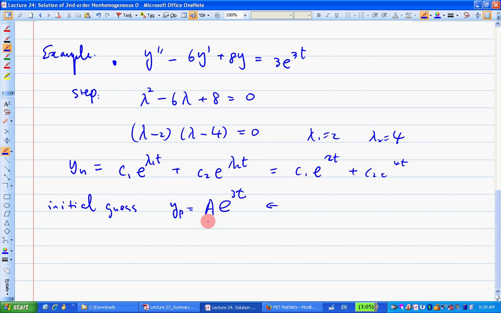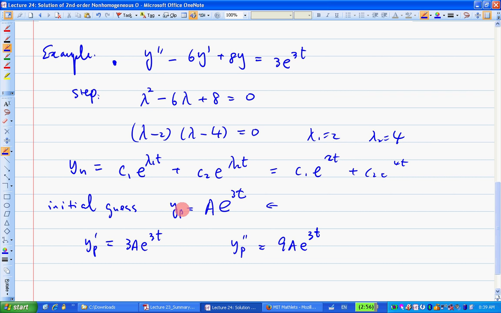So now you're going to solve for this A here. How do you solve for the A? The general approach is you get YP prime first, so in this case 3A e to the 3t. Then you get your YP double prime, the prime of this one, so that'll be 9A e to the 3t.